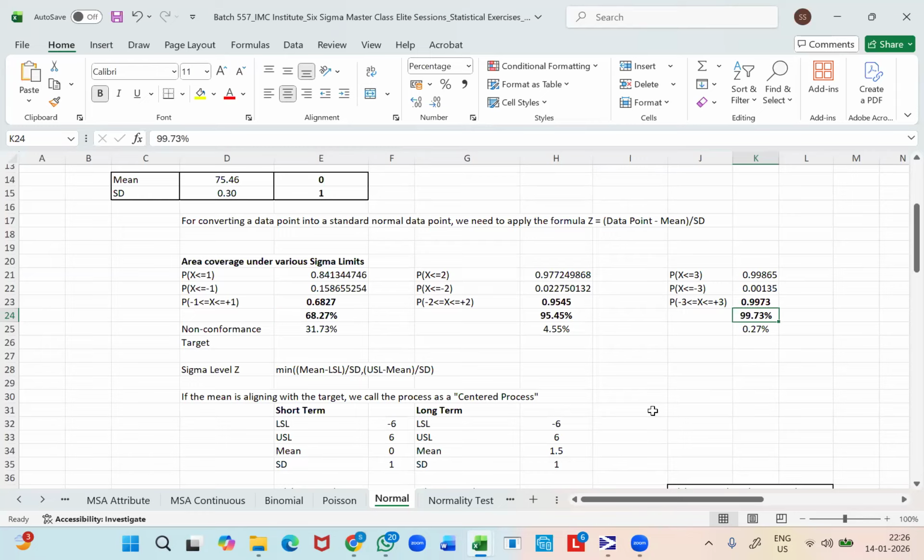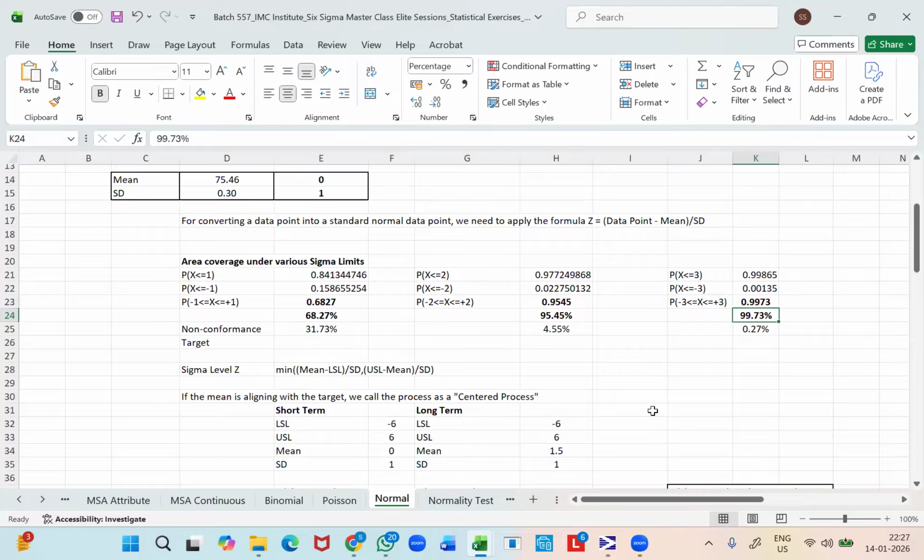So it's important for us to learn by heart these three values as a black belt. You cannot just calculate and then come up with all these values. You need to know these values by heart, right? This is the only thing I'm asking you to learn by heart. So the area coverage within 1 sigma limit is 68.27%. Area coverage within 2 sigma limit is 95.45%.